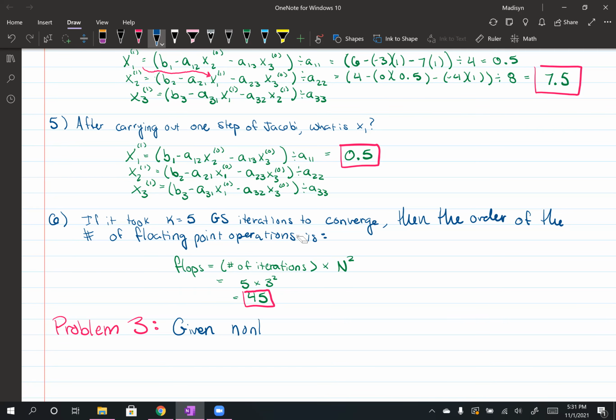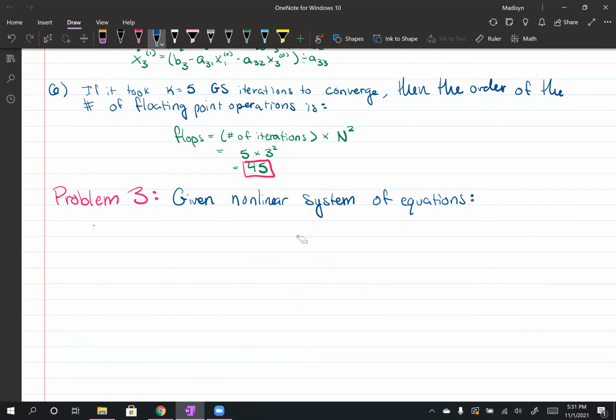Given a nonlinear system of equations, we have our f1 of x1, x2, and our f2 of x1, x2. Let's see.